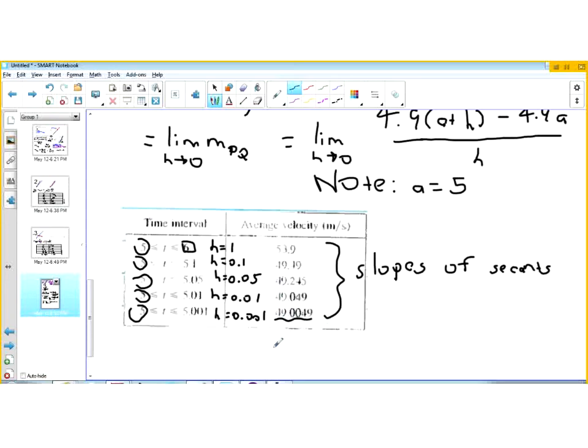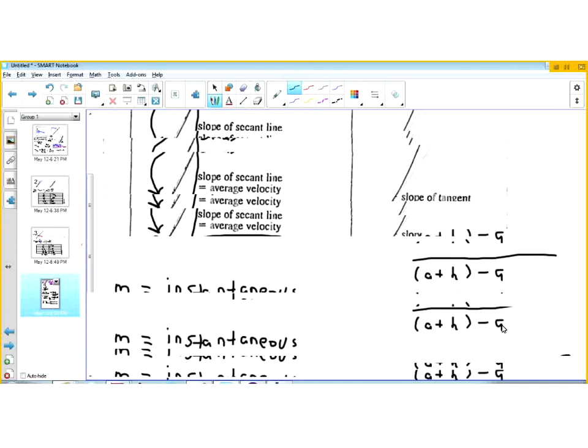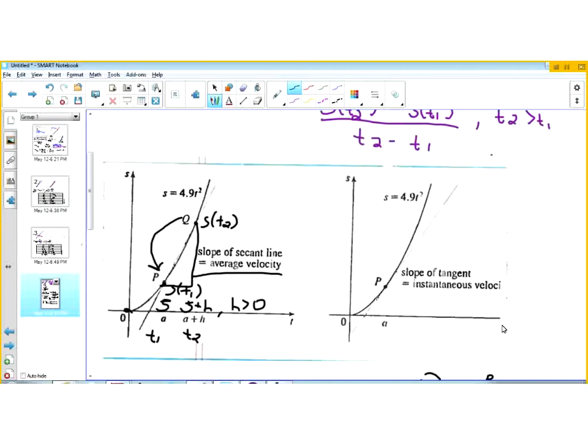Well, judging by the pattern, it looks like it's going to settle around 49 meters per second. So we could say d'(5), which is equal to the instantaneous velocity, is equal to 49 meters per second by tabular construction. Okay, so that's what we have.